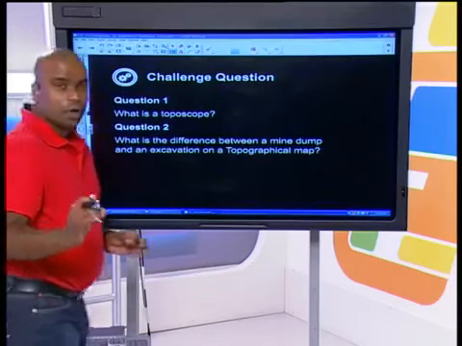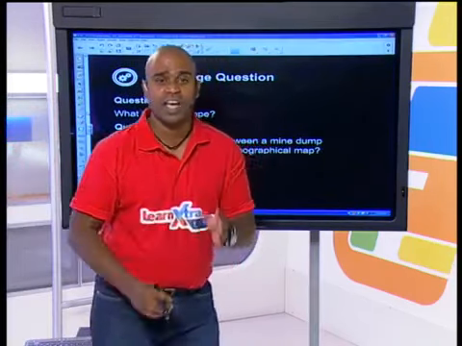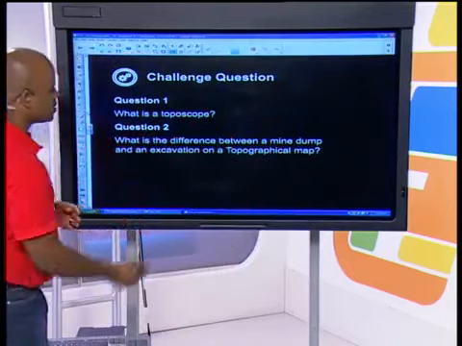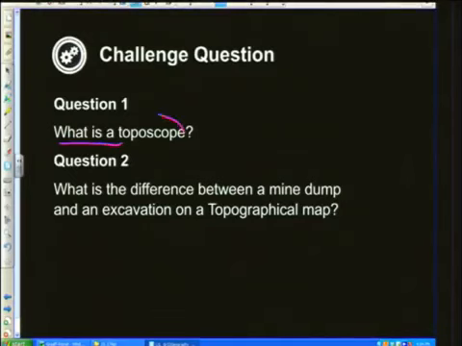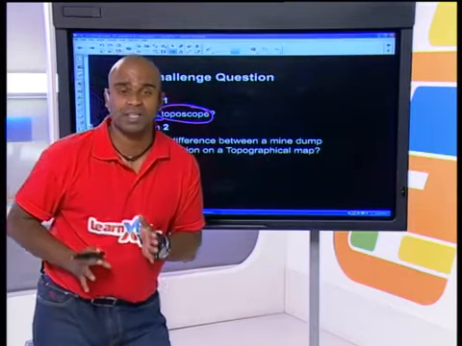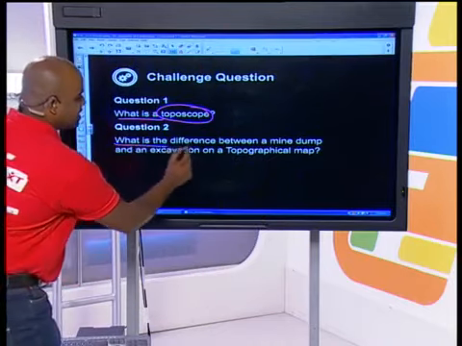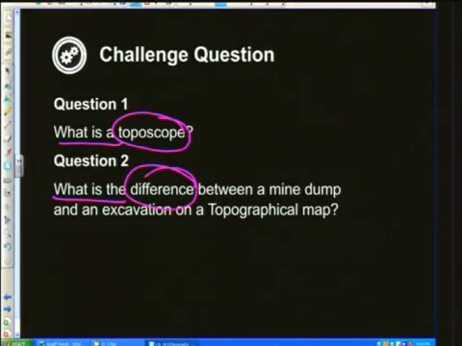Before we go into the discussion today, I want to go back to last week's challenge question, and also pose this week's challenge question to you. The first question is, what is a toposcope? Hopefully you've had the past week to identify what a toposcope is, which we will answer at the end of the show, as well as this week's question: what is the difference between a mine dump and an excavation?